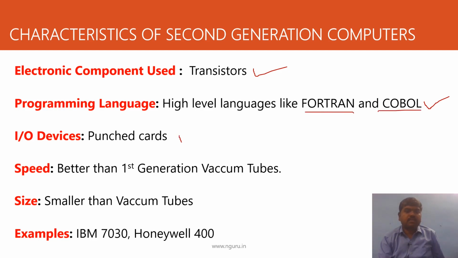Still punch cards were used to give the job. Speed is definitely better than the first generation vacuum tubes, and the size has been reduced when compared to the first generation. Some examples are IBM 7030, Honeywell 400.